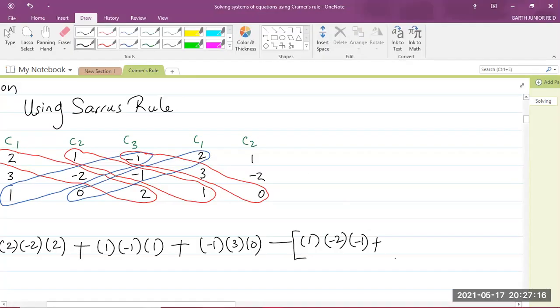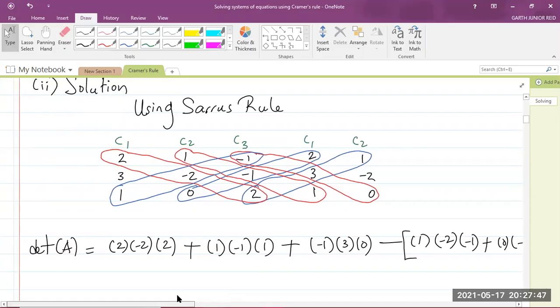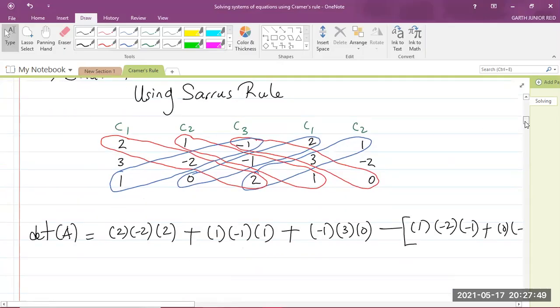So that's 0 times negative 1 times 2, plus the other diagonal. This is the last one now. That's 2, 3, and 1. So we're going to have 2 times 3 times 1. So this value will be my determinant.